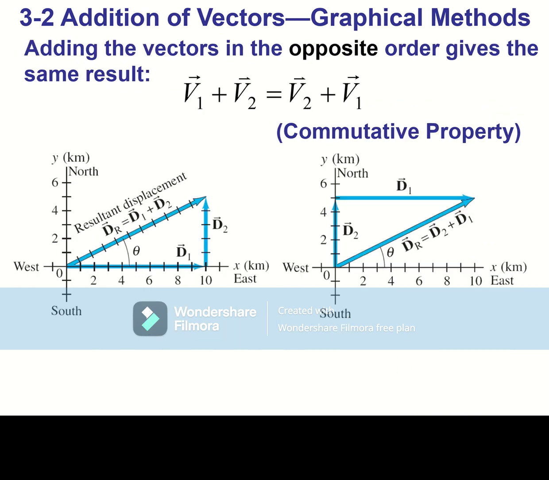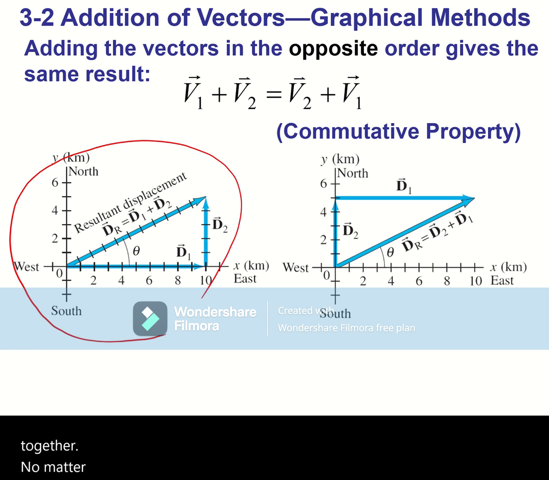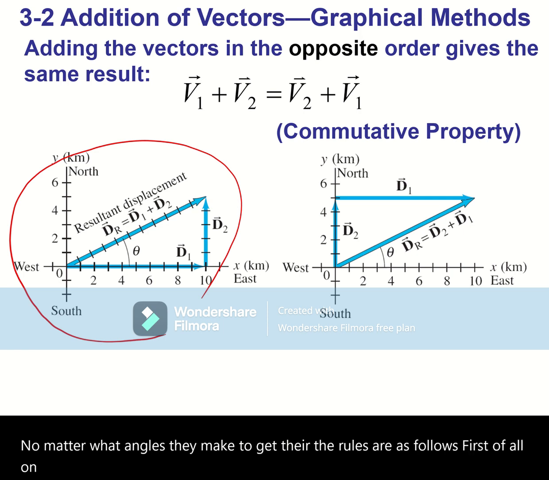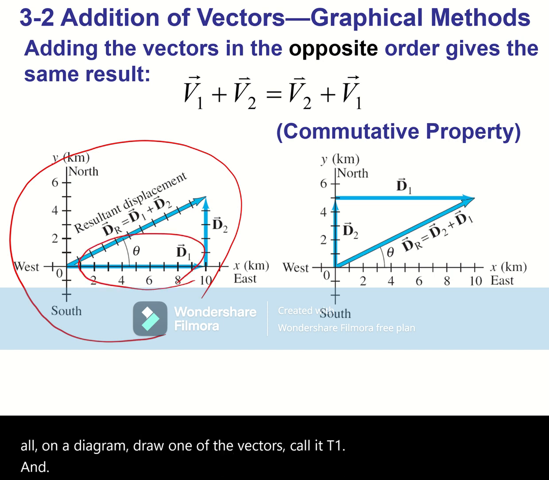So this figure illustrates the general rules for graphically adding two vectors together. No matter what angles they make, to get their sum, the rules are as follows. First of all, on a diagram, draw one of the vectors, call it d1, and make it to scale.